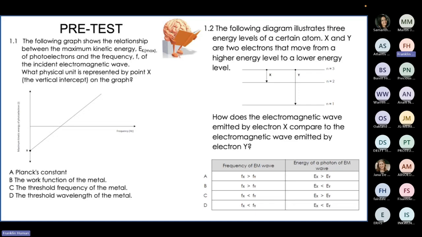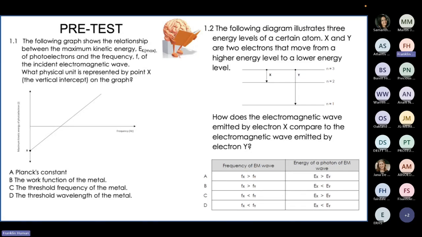That minimum frequency for sodium is different from the minimum frequency for copper because the two metals are different. And since the two metals are different, you need a different minimum frequency to eject an electron from the surface of that metal. So we know that the photoelectric effect is about electrons being kicked out of the surface of a metal.